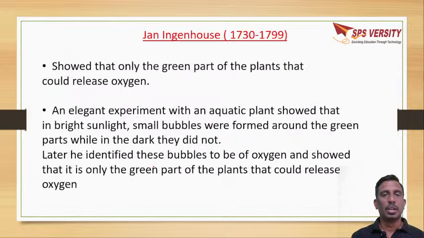The next person is Jan Ingenhousz. He showed that only the green parts of the plants release oxygen. Green parts of the plants means leaves and younger stems, which have chloroplast.